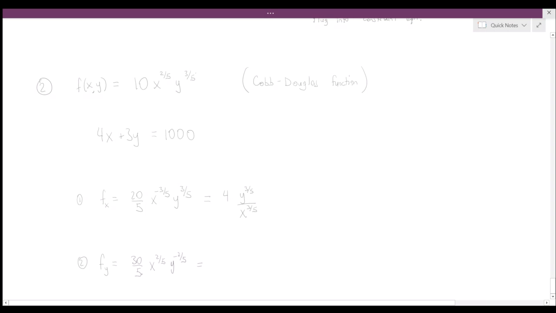If we simplify that, 30 over 5 is 6. And then likewise here, I got the negative exponent, so I'm going to move it to the denominator. So that gets us our fy, okay?